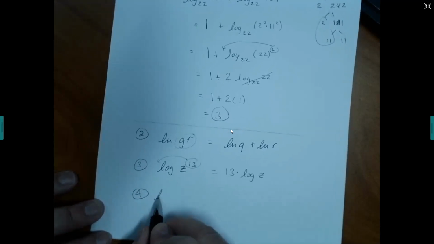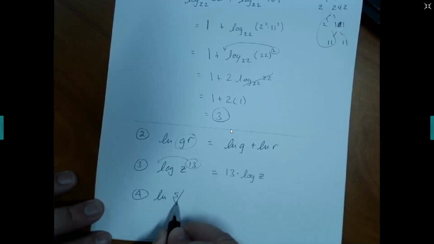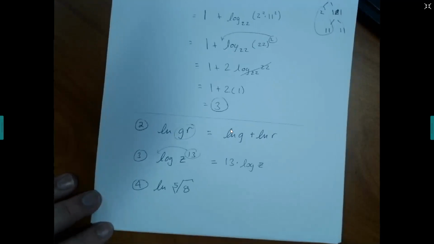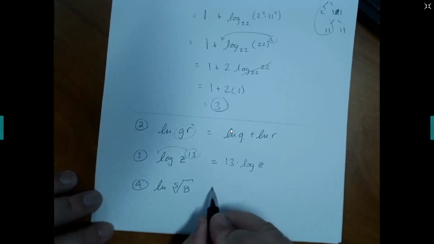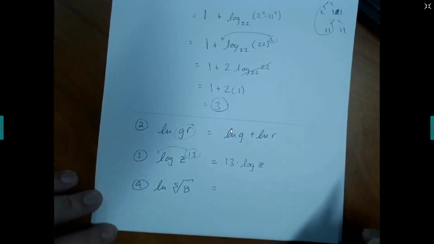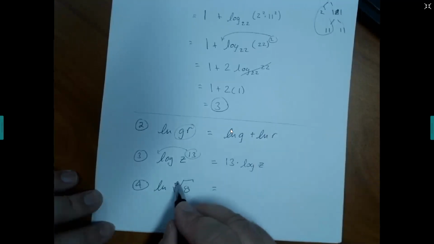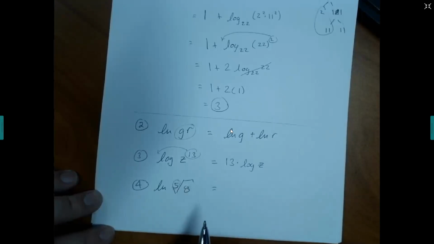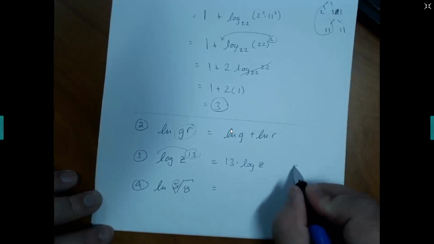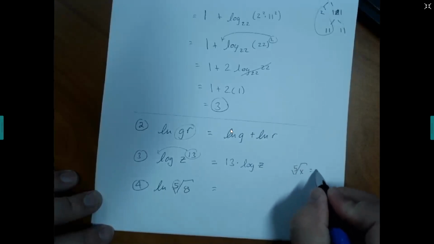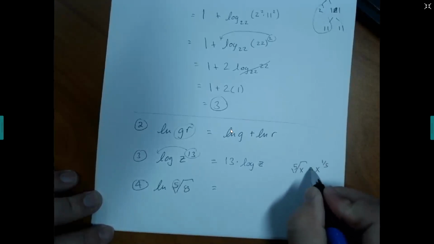Number 4, ln of the 5th root of 8. Remember, whenever you have a radical, the root goes on the bottom. So the 5th root of x is equal to x to the power 1/5.